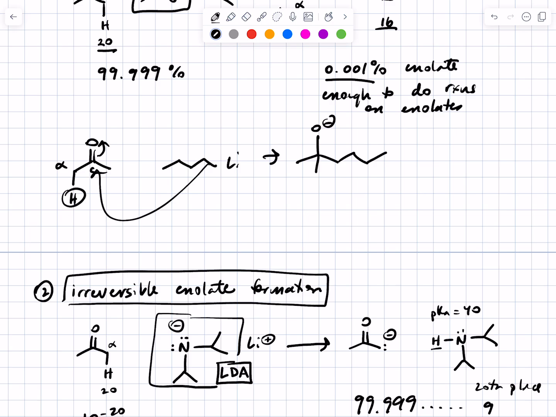And now your question is, hold on, the alpha proton was acidic the whole time, and its pKa was 20. The conjugate acid of an organolithium reagent has a pKa of 50. So shouldn't removal of the alpha proton have been possible there? Yes. Now, why do we see, for organolithium reagents, why don't we generally see alpha proton removal?